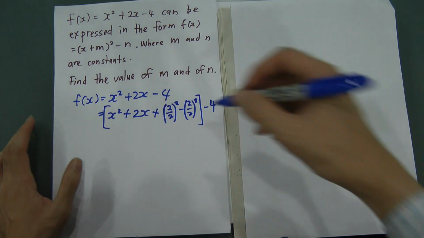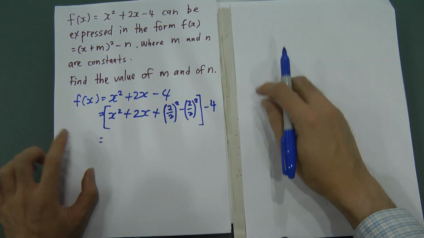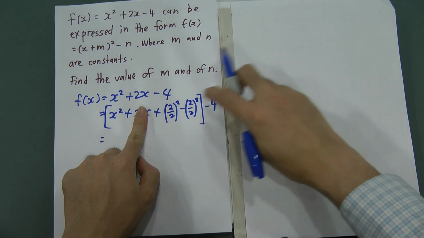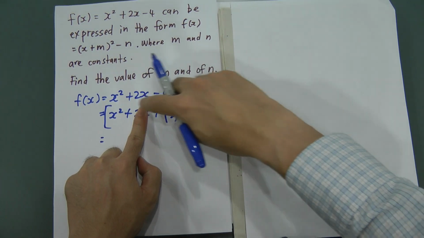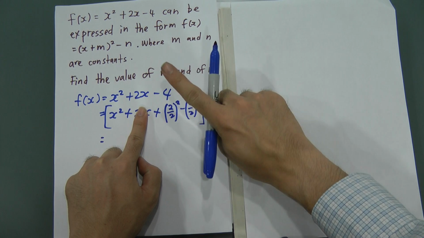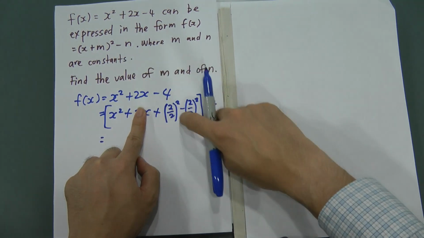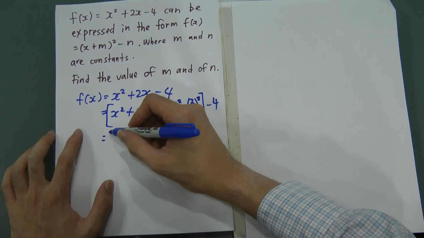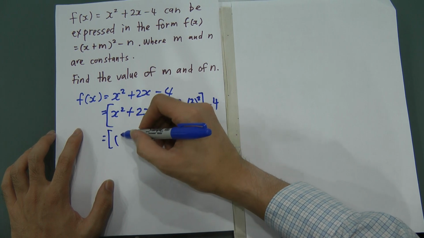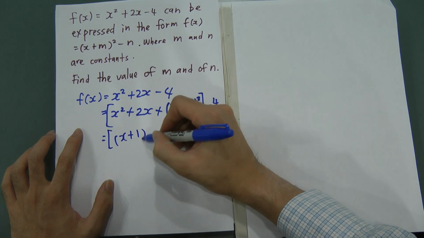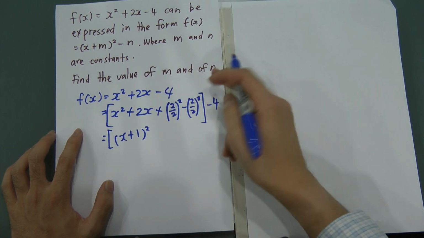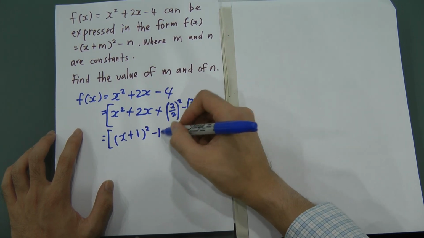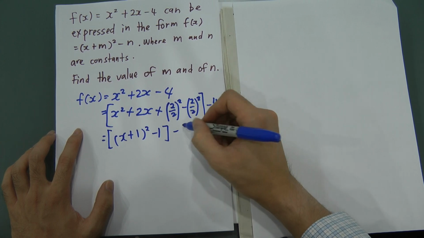And for the completing square, you just ignore the middle one. This one, 2 divided by 2, you get 1, so it is (x + 1). So here I will get (x + 1) squared, and then minus 1 squared, which is minus 1, and then minus 4.